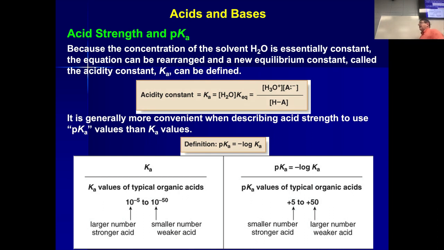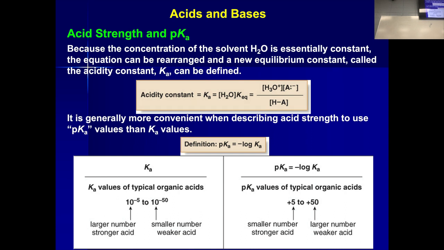Now, if I have a strong acid, what would you expect the value for Ka to be? Large or small? Let's do the reaction.